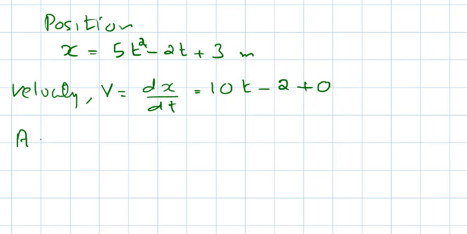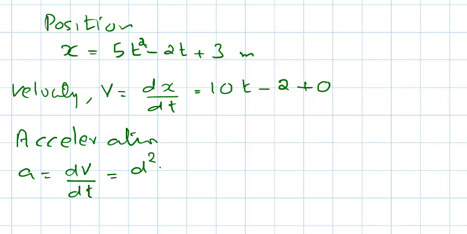How to get acceleration? Acceleration a is the first derivative of velocity, which is also the second derivative of the position. So you take this last equation, 10t minus 2, differentiating you will get 10, then 0.